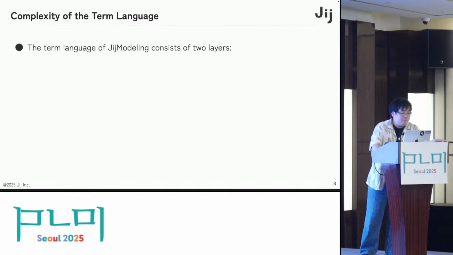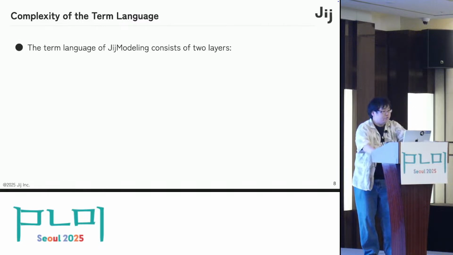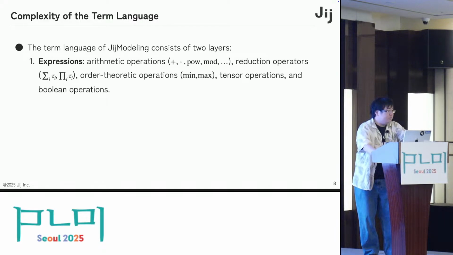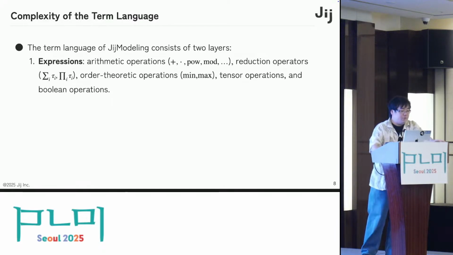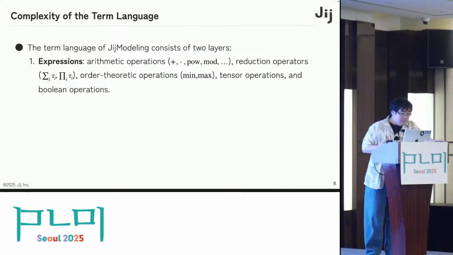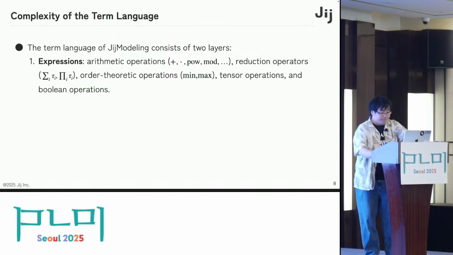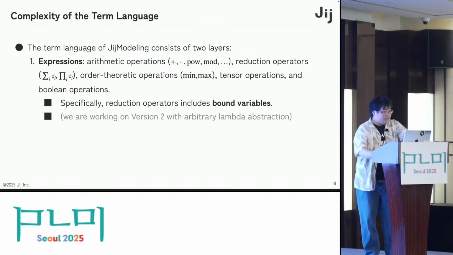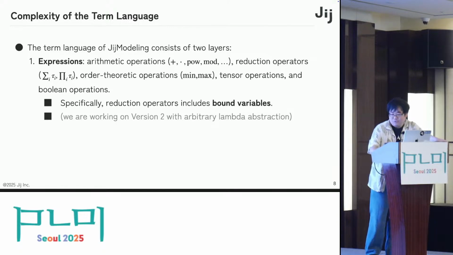The term language of JijModeling consists of two layers. One is the expression language. It contains arithmetic operations and reduction operators or aggregations. This particularly involves bound variables and arithmetic, et cetera. And we are working on version 2 with arbitrary lambda abstraction.